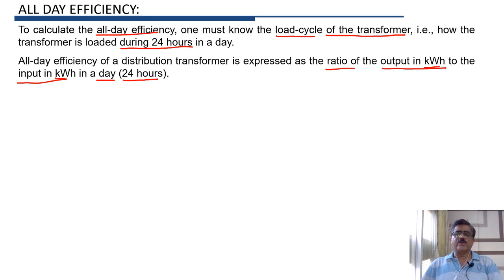Means here we have to consider the energy output of transformer in kWh, and similarly here we have to consider the energy input to the transformer, again during a period of 24 hours. And that's why this all day efficiency is also called energy efficiency, because we have to consider the energy output and energy input to the transformer.